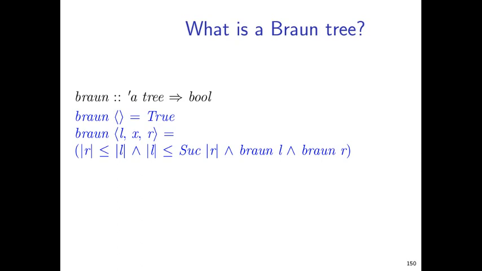The number of elements in left and right must be almost equal, and if they are not equal, only the right subtree is supposed to have fewer, exactly one less. So there are actually only two possibilities: either the two are equal, or the left is one bigger than the right.